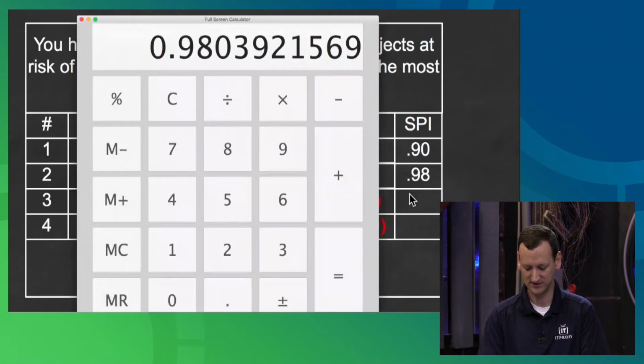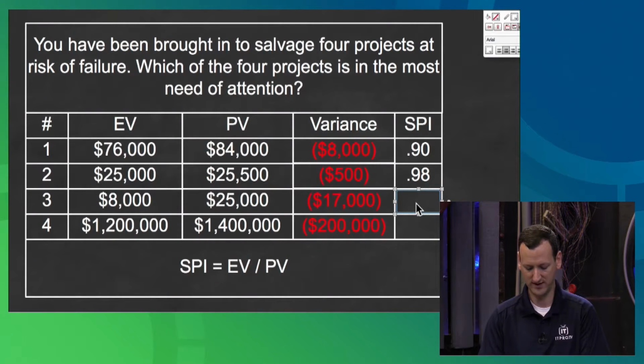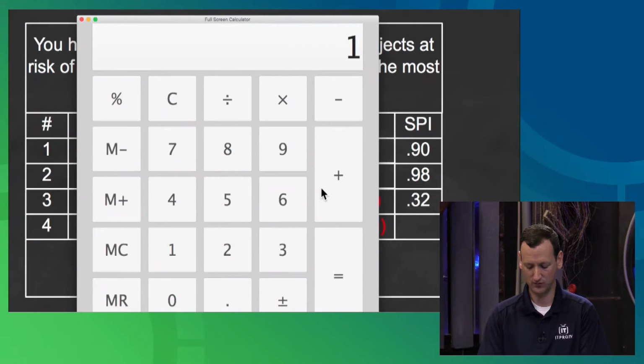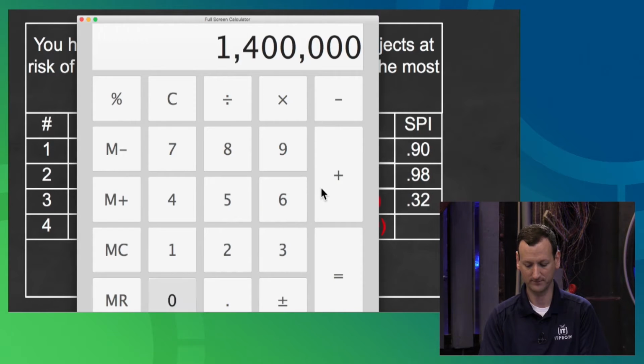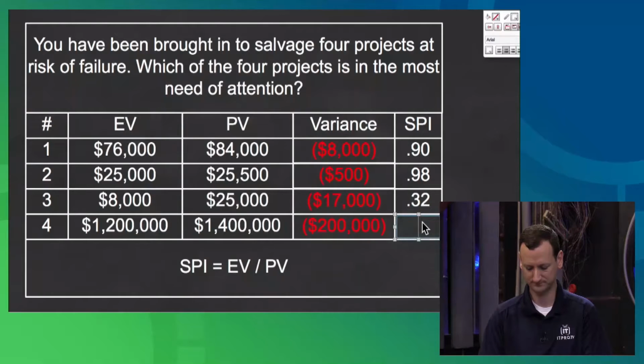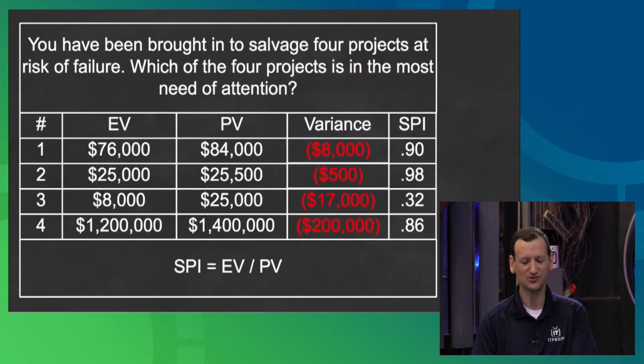So next is, this one will be nice, 8,000 divided by 25,000, which is 0.32. That's pretty bad. And then our last one, which is going to be 1.2 million divided by 1.4 million. All right, and I'm going to round that to 0.86. Okay, so now when I start to look at these, it becomes pretty obvious who's the real high-risk project.